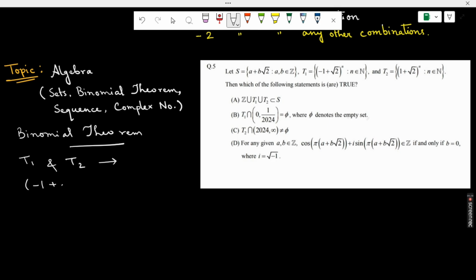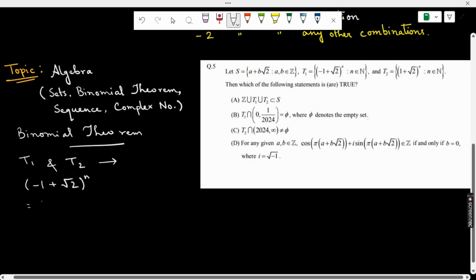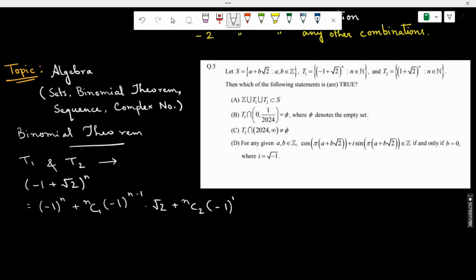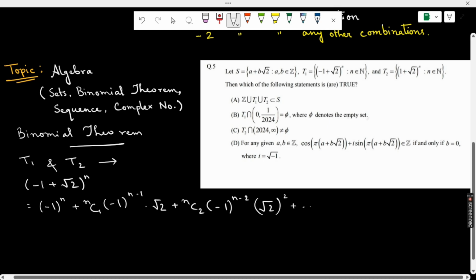If we use the binomial theorem, we will get (-1) to the power n plus nC1 (-1) to the power n minus 1 into root 2 plus nC2 (-1) to the power n minus 2 (root 2) whole square, and so on up to nCn, that means 1 into (root 2) whole to the power n.